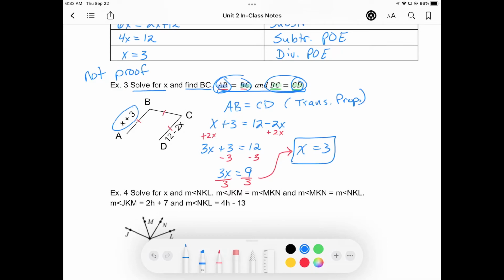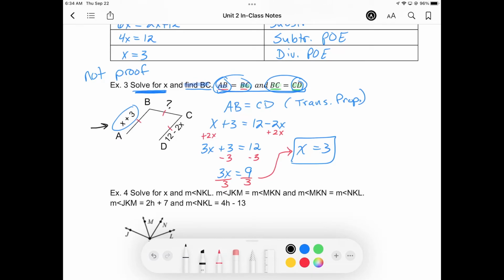Now, that is one part of my final answer. It says solve for x. But you were actually asked to also find the length of BC. Now, BC does not have an expression listed out here. Okay, BC is that middle expression there. But remember, all three of these are equal. AB equals BC. So I can plug into either one of these.